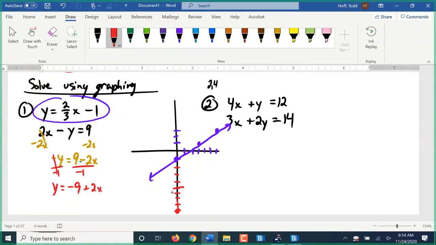It goes up 2 over 1. And we see it actually does intersect on that slope point right there, which is at 6, 3.